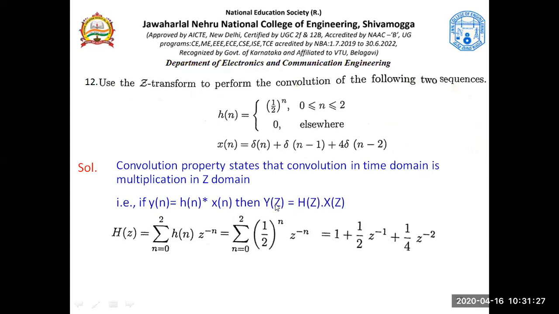But obtaining Y of z is not obtaining the convolution. Convolution is actually in the time domain. So from y of n we went to Y of z. So how do we obtain y of n back? You need to apply the inverse z transform.